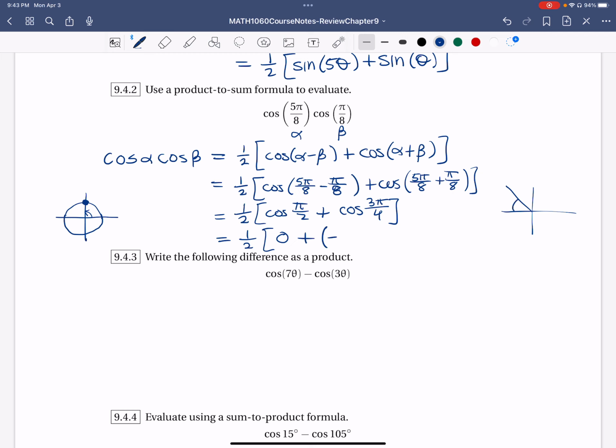The reference angle is pi over 4, and the cosine of pi over 4 is root 2 over 2. So we'll get negative root 2 over 2. And so overall, we have 1/2 times negative root 2 over 2, which gives negative root 2 over 4.